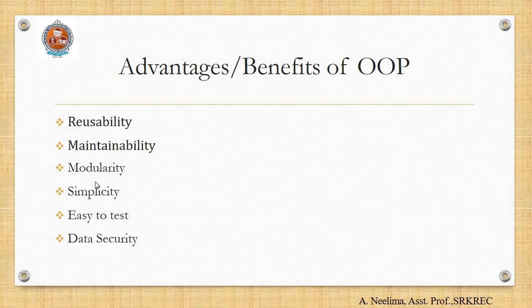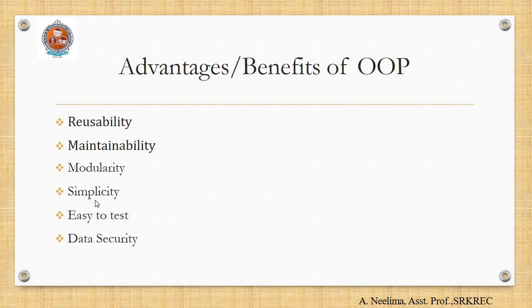Another benefit is modularity. OOPS provides modularity by the main concepts, class and methods. Classes group together all the objects as a unit. Methods or operations or functions or procedures group the code into modules. Classes and objects are discussed in coming topics, so no need to worry about that.